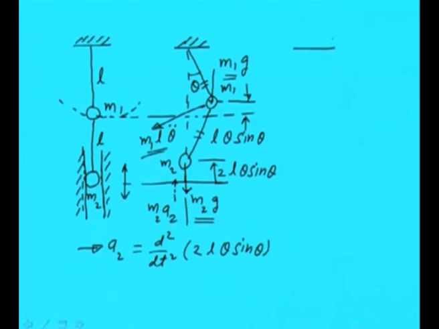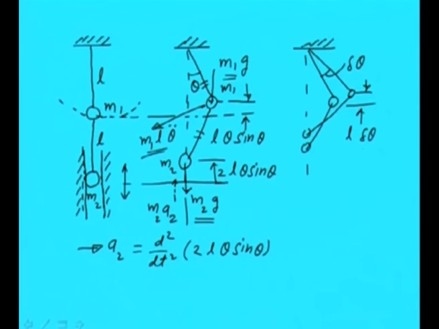So if we give virtual displacements to these masses, these are the virtual displacements. You can see that this particular mass is getting lifted by L delta theta sin theta, as we did earlier, and this will be twice L delta theta sin theta.